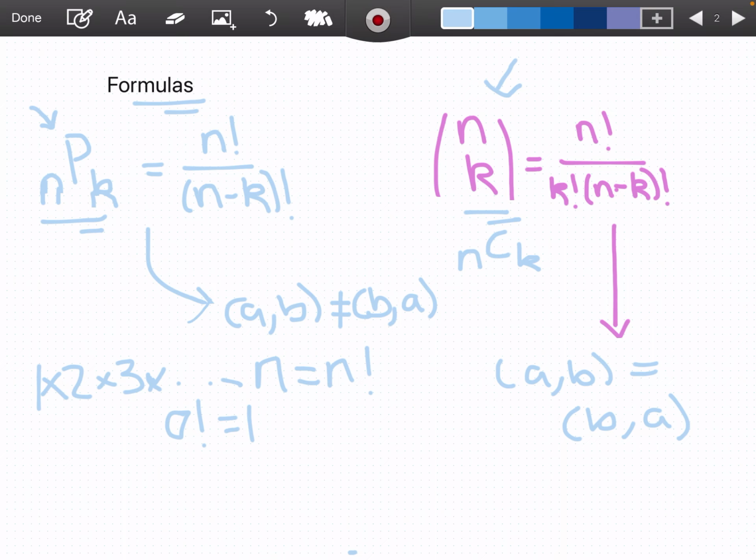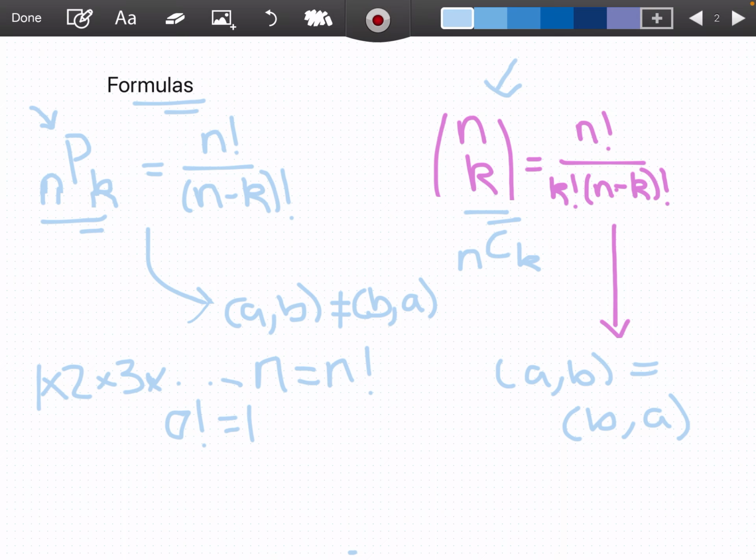And finally, you have 5 choose 5, which is 5 factorial over 5 factorial and 0 factorial. So we have 1 plus 5 plus 10 plus 10 plus 5 plus 1. And when we add all of this up together, we're going to get a final result of 32. So that's the number of subsets we have.